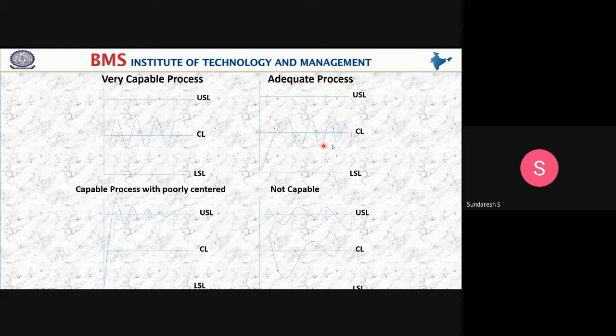Look at the curve, it is not uniform as it was in the previous case, right? So, of course, it is within the specification limit, but still we are not getting the expected output from the process or from the machine. So we constitute this as an adequate process.